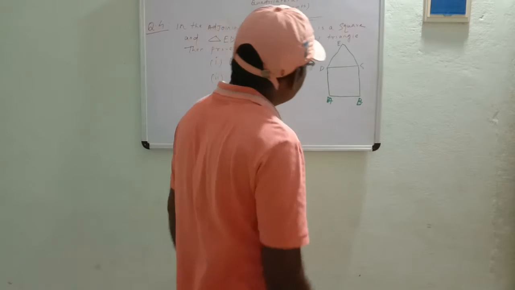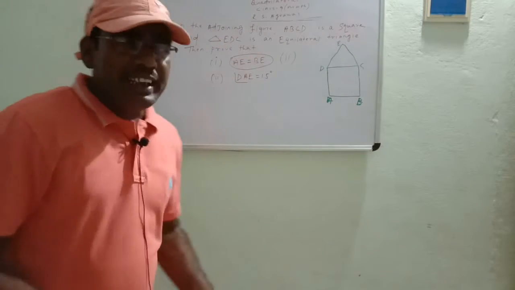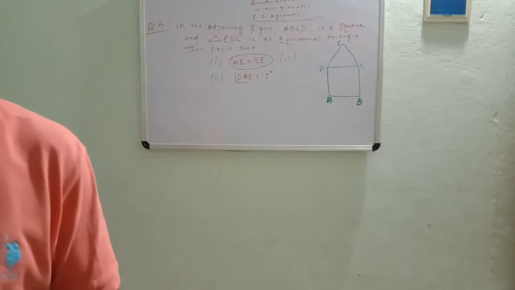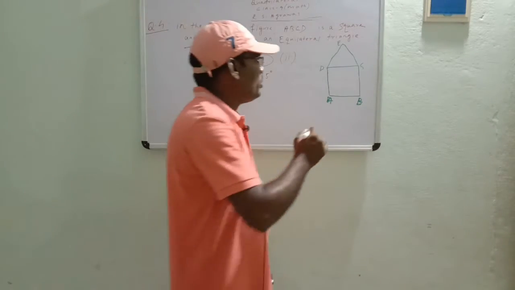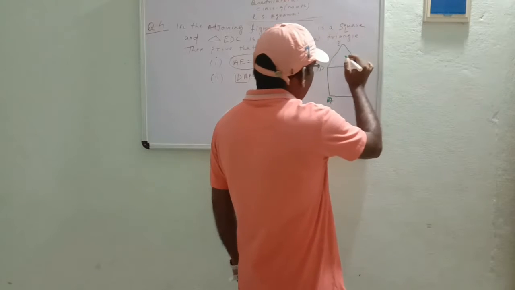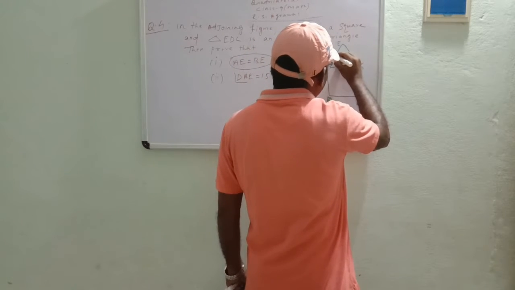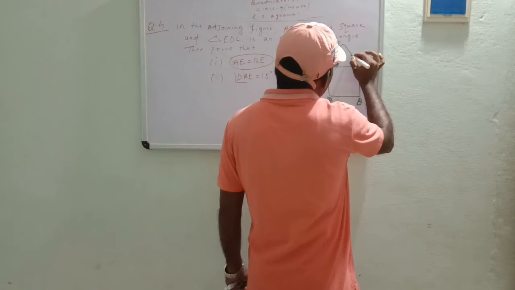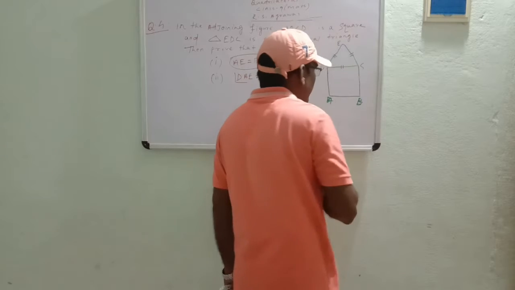Equilateral triangle किसको हम बोलते हैं? The triangle in which all the three sides are equal is called an equilateral triangle. It means in this triangle the side ED is equal to side EC is equal to side DC.